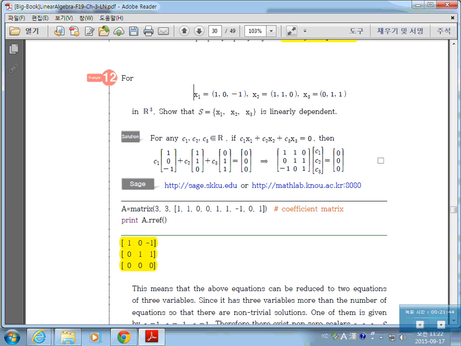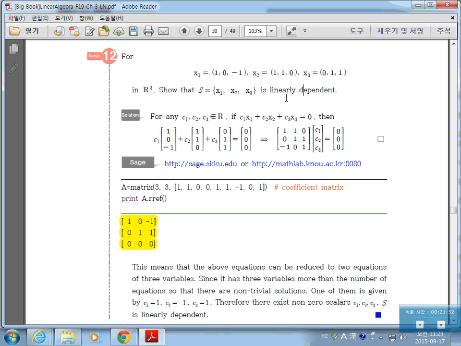And here are another three vectors. Show whether these three vectors are linearly independent. They are linearly dependent, because if we let the linear combination equal 0, then we form a linear system of equations.